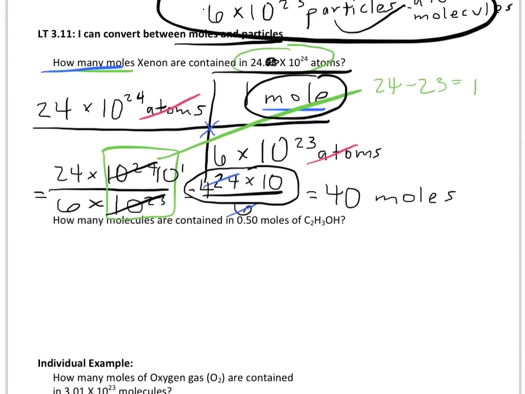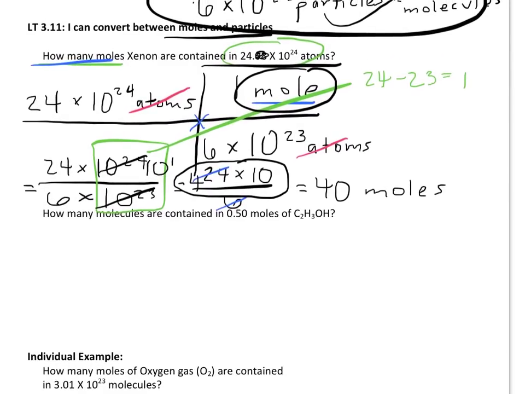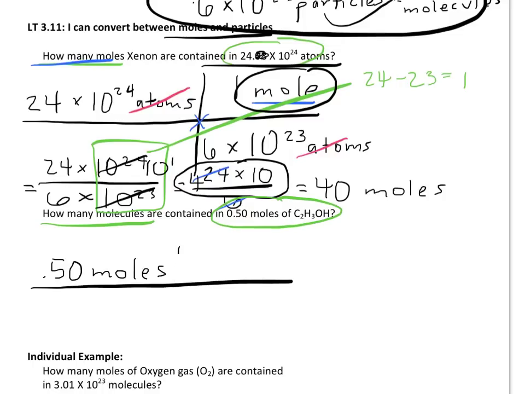Now in the next example, we actually go in the other direction. It asks us how many molecules are contained in 0.50 moles of C2H3OH. So we always start by writing down our known value, which is 0.50 moles, and then multiply by the conversion factor, which again is 1 mole is equal to 6 times 10 to the 23rd atoms.